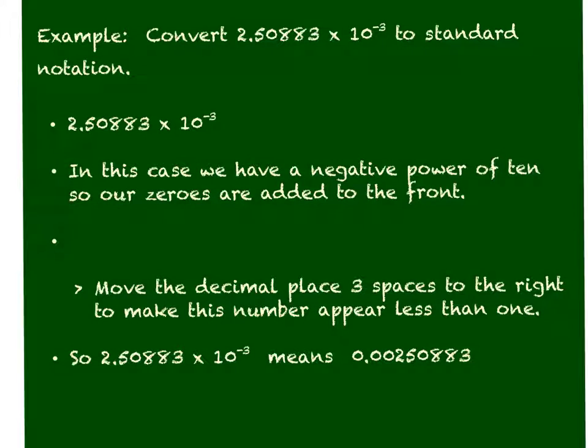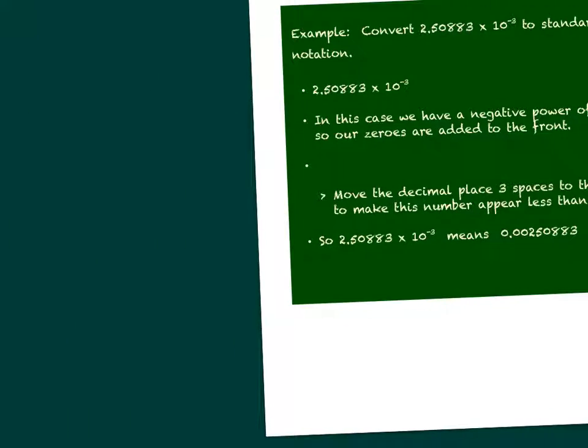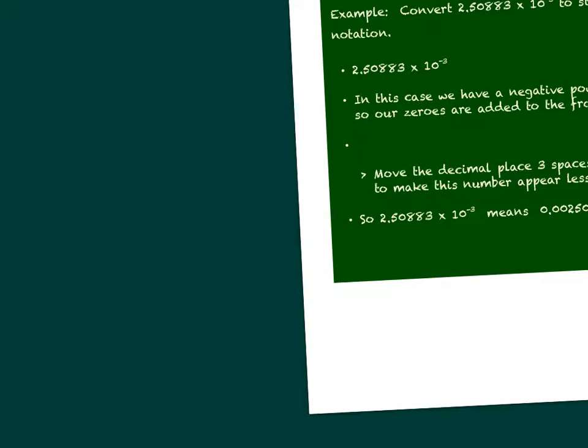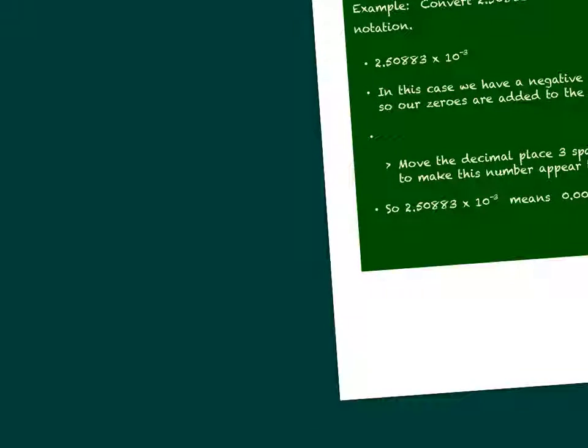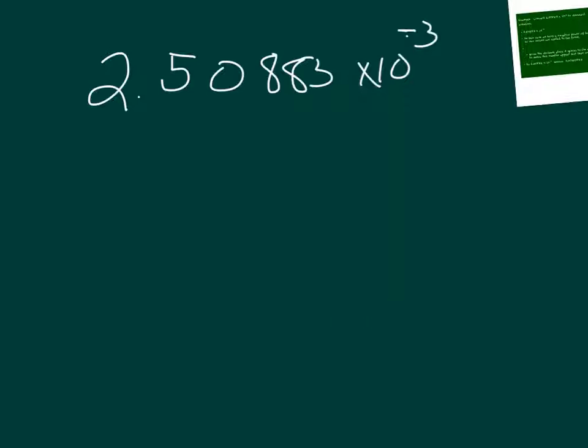Now, with really small numbers, those negative exponents, again, the procedure is not going to be really any different. We just take a little bit different approach to it. So if we look here, we have 2.50883 times 10 to the negative 3rd.